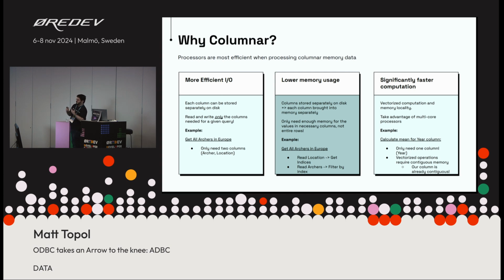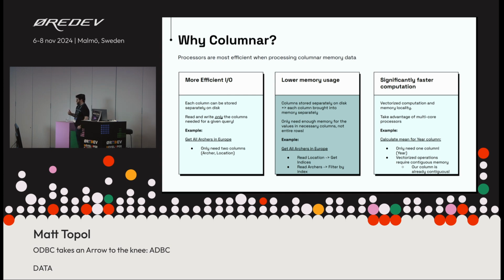And then when you're performing any kind of vectorization, SIMD, and gaining performance from that, it requires the data to be contiguous in memory. By having the data already be in a columnar format in memory, the data is already contiguous and therefore it's very easy to adapt to utilize vectorized and SIMD algorithms and get the performance gains that come from that.